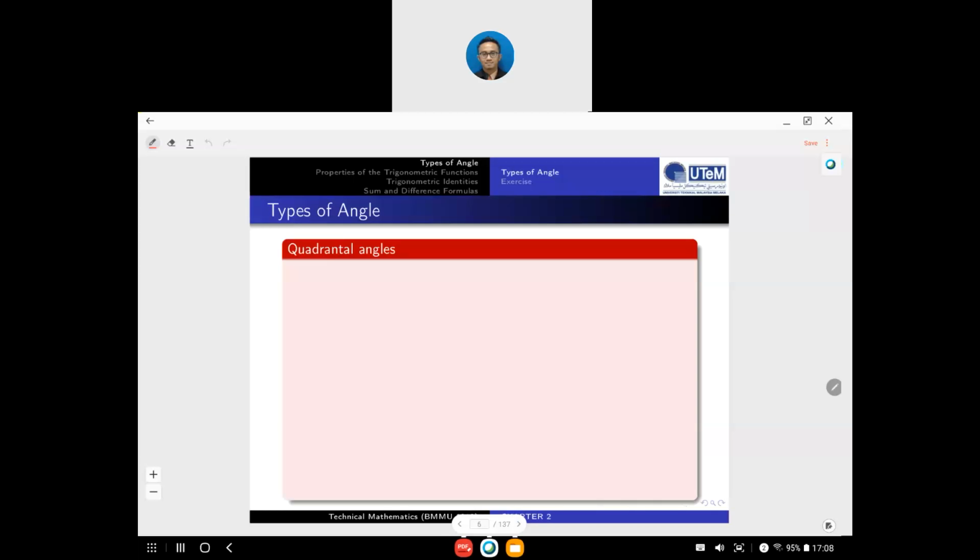What is quadrantal angle? A quadrantal angle is an angle with its terminal side on the x-axis or y-axis. We know that we have 2 axes, x-axis and y-axis. So any angle that is placed on the terminal sides of the x-axis or y-axis.